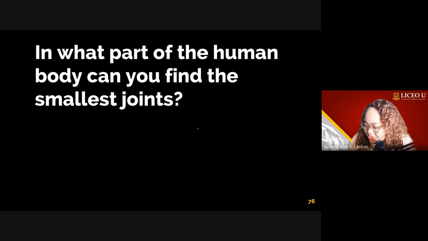Kindly answer in the chat box if you have an answer. Anybody? In what part of the human body can you find the smallest joints?